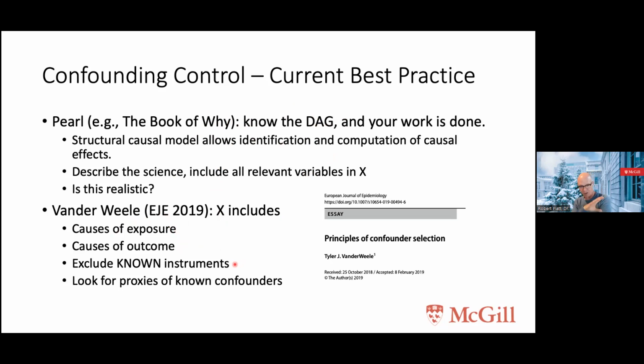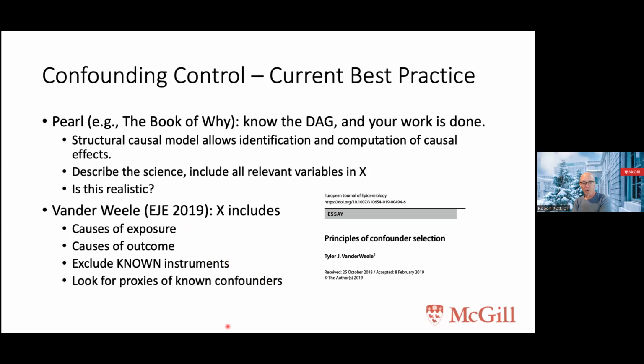And there's a small discussion we could have about why this is interesting, but I'll leave that to see if time permits. And also to look for proxies of known confounders. So basically, let's just build a long list of potential confounders, take out the ones we think might be harmful, and then we should be okay.